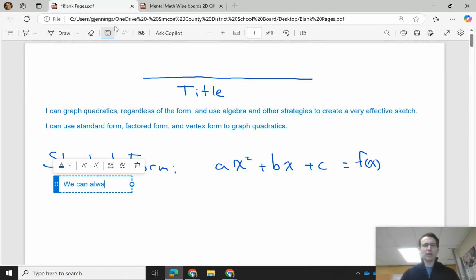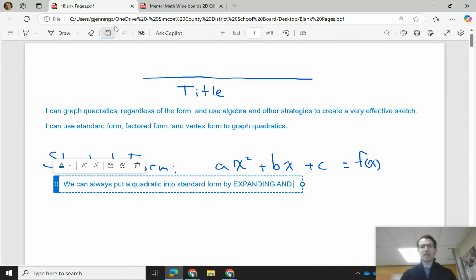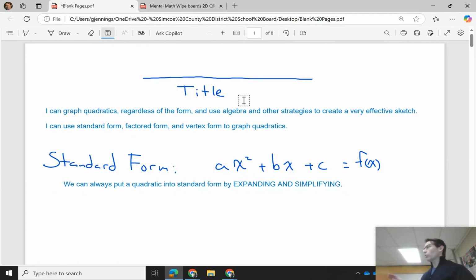And this one, you'll want this little note to remind yourself. We can always put a quadratic into standard form by expanding and simplifying. Regardless of the quadratic that you've been given, if it's factored form, vertex form, some kind of mixed up weird form, there are mixed up weird forms. We don't look at a lot of them.